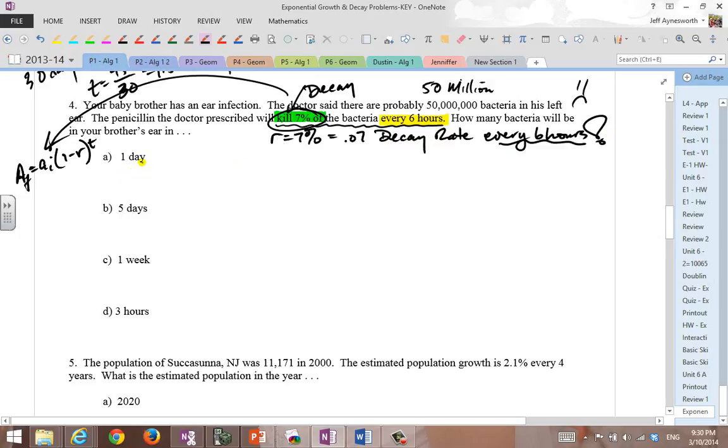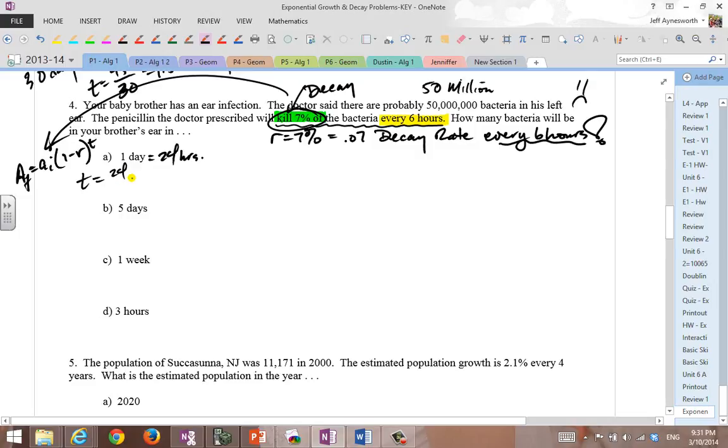Which means you need to know how many hours in a day, guys. So 1 day is 24 hours, right? You guys know that. Well, T is 24 hours divided by how many hours it takes for the bacteria to be killed off by 7%. So I start off, I want to know what happens after 24 hours, but how many time periods or intervals have gone by? Well, let me see, count multiples of 6.